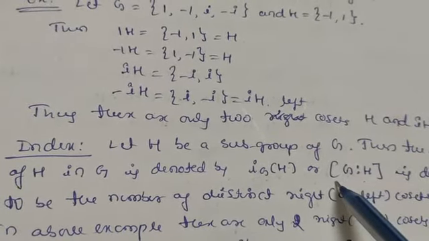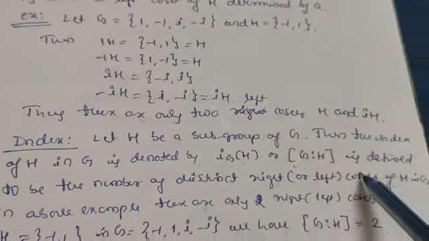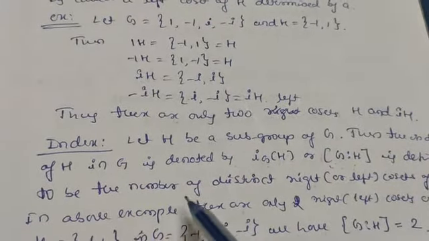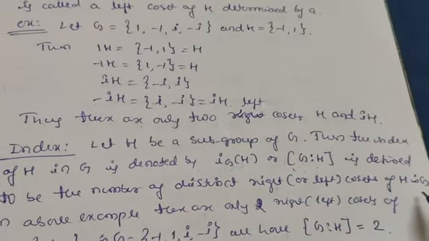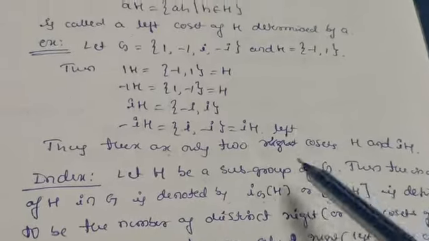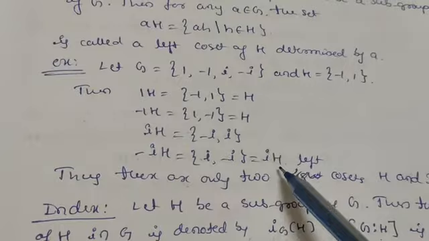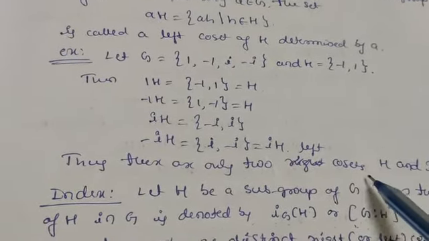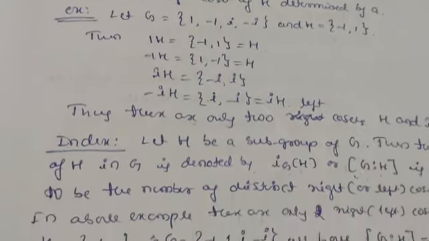So we generally use this notation for the index. [G:H] is defined to be the number of distinct right or left cosets of H in G.